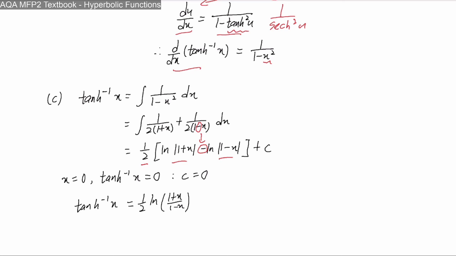When we integrate 1 over ax plus b, we get 1 over a ln of ax plus b. In this case, a is negative 1, so we have 1 over negative 1, which gives us a negative. So just take note of this negative, as it is one mistake we always make.